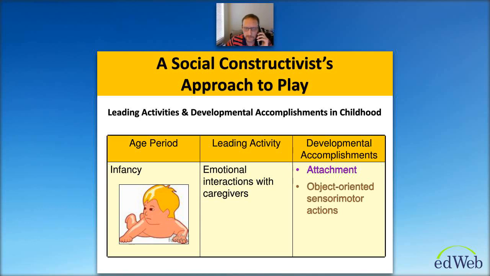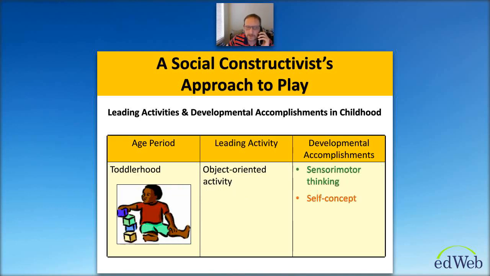This is where we're building those attachments of trust, and also developing some basic perceptual skills. And so the developmental accomplishment in infancy is really about attachment and object-oriented sensory motor actions, how to manipulate things in the environment, how to move things closer to you, away from you. That is a major leading activity for infancy.